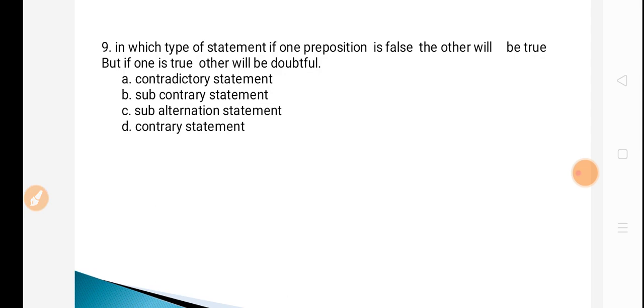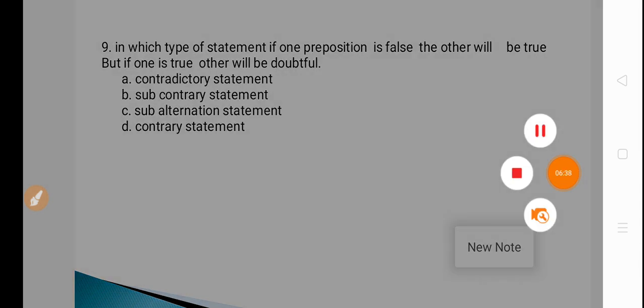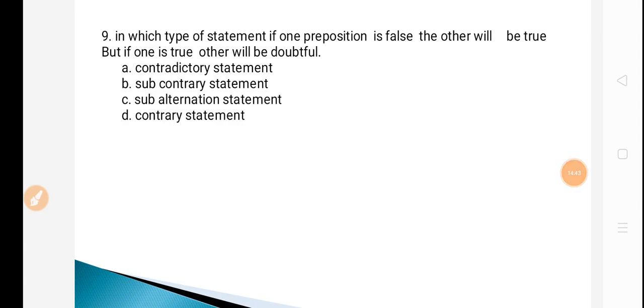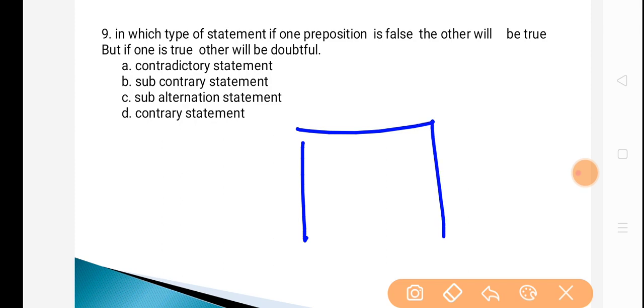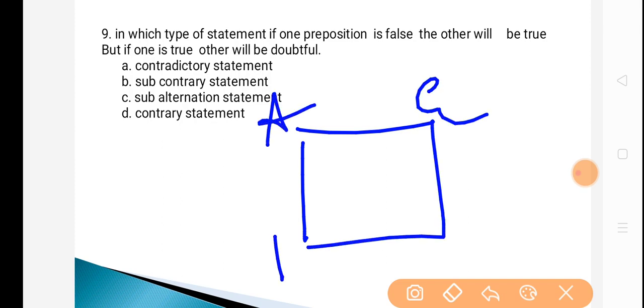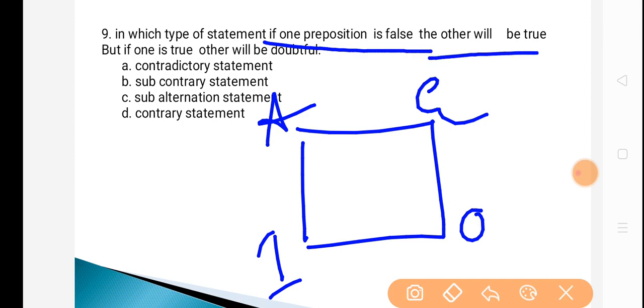Ninth question. In which type of statement, if one proposition is false, the other will be true, but if one is true, the other will be doubtful? Once more, in which type of statement, if one proposition is false, the other will be true, but if one is true, the other will be doubtful? I am drawing the picture here also, A, E, I and O. If one proposition is false, the other will be true.